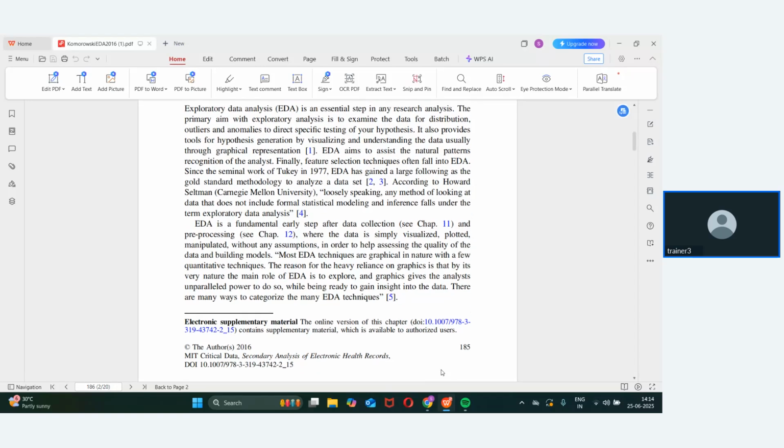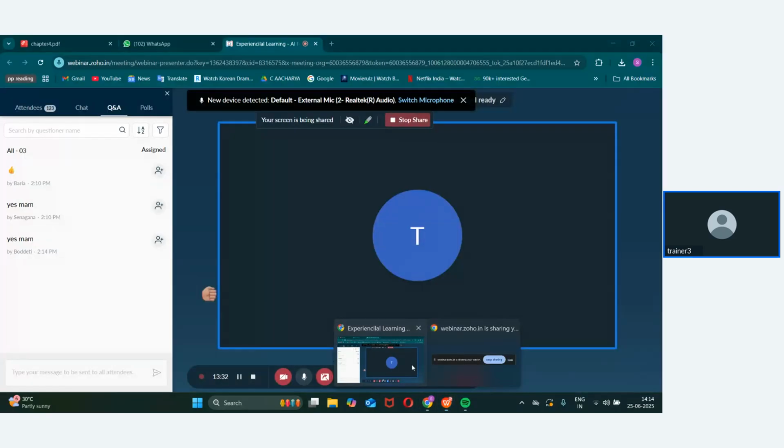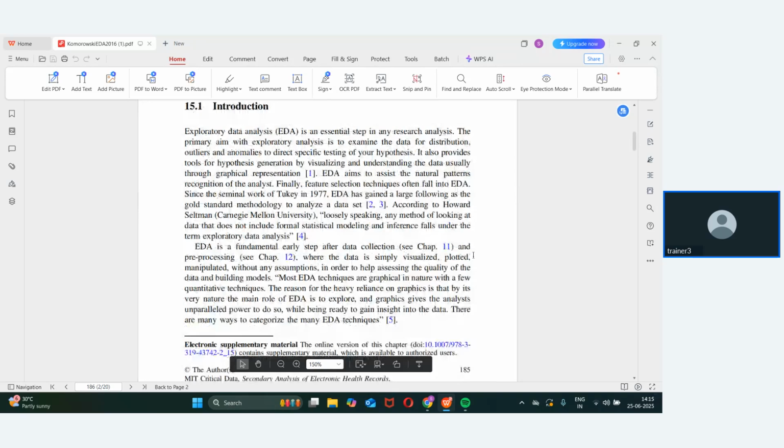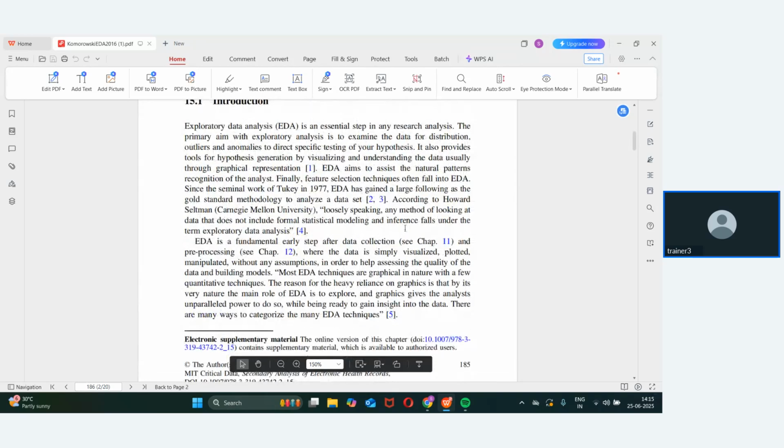So EDA is an essential step in research analysis, as we have already talked about. The primary aim or goal of EDA is to examine the data for distribution, to find outliers, and to detect anomalies.